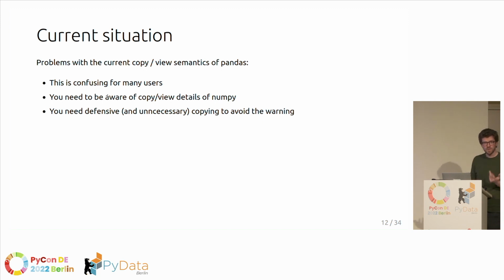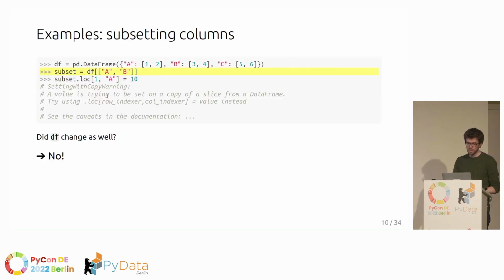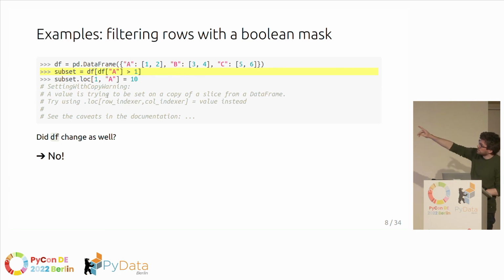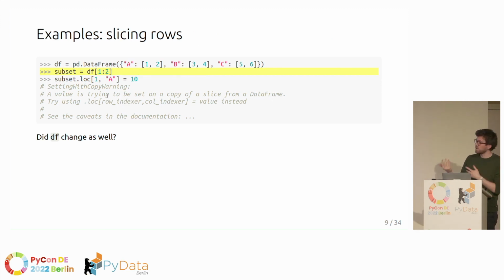So even for expert users of Pandas, it's often difficult to predict what is actually happening. It means that you need to be aware of this concept of copy versus view. You need to know the rules in NumPy, because for example, the example of the boolean masking, why does it not update here, is because in NumPy, a mask, fancy indexing, always creates a copy, while a slice can create a view.